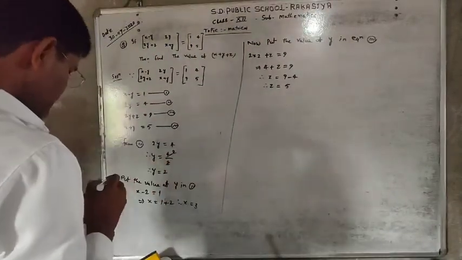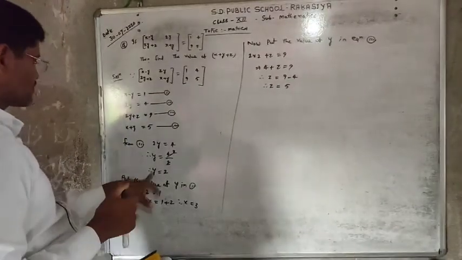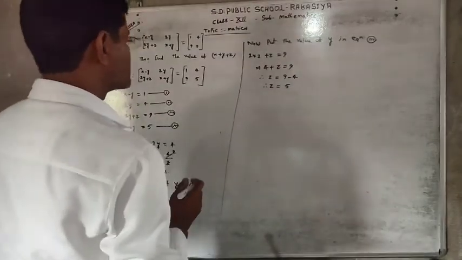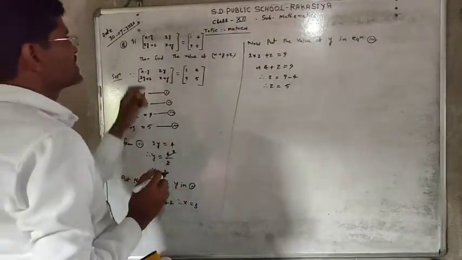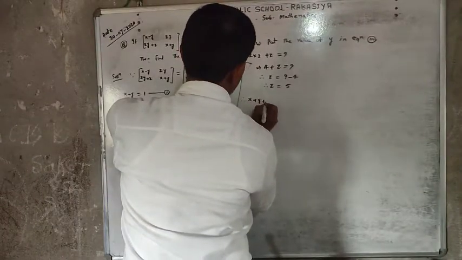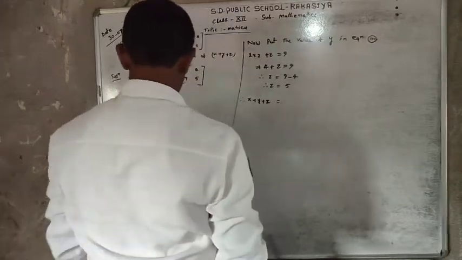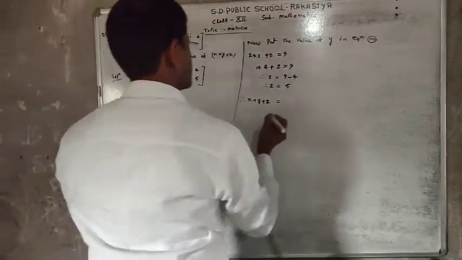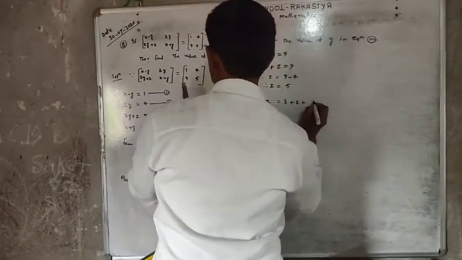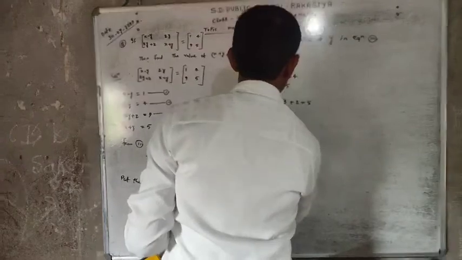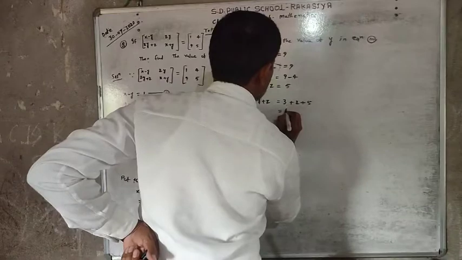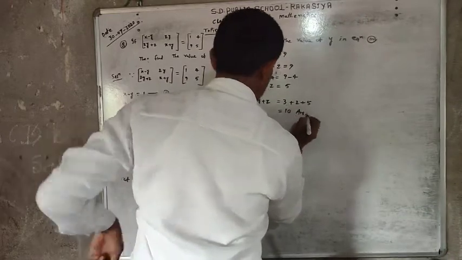Now we have found the values of x, y and z. The value of x is 3, y is 2, and z is 5. Therefore, x plus y plus z is equal to 3 plus 2 plus 5, which means 10. It is the answer.